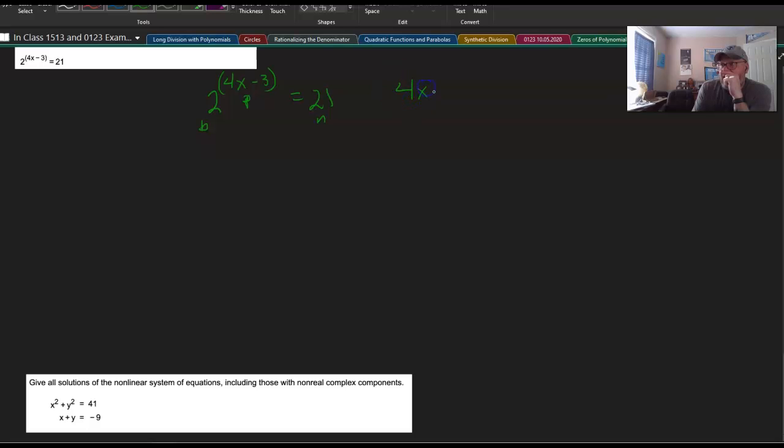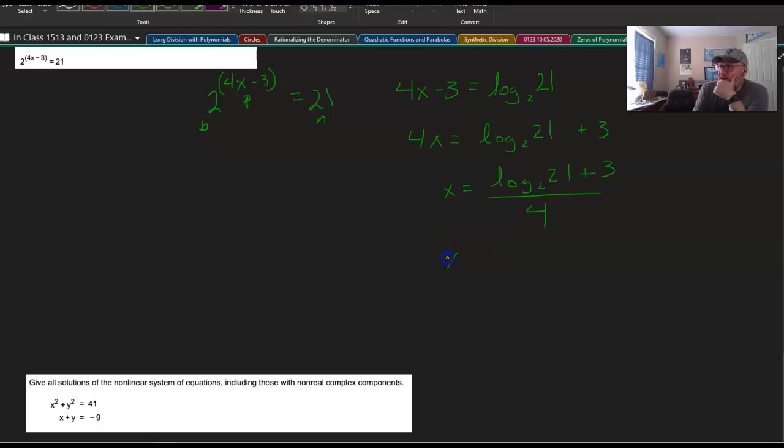So p in the log bin. So to solve this, I would add the 3 across. So it would be log base 2 of 21 plus 3, and then divide by 4. Now remember, if they want an exact answer, here's an exact answer.